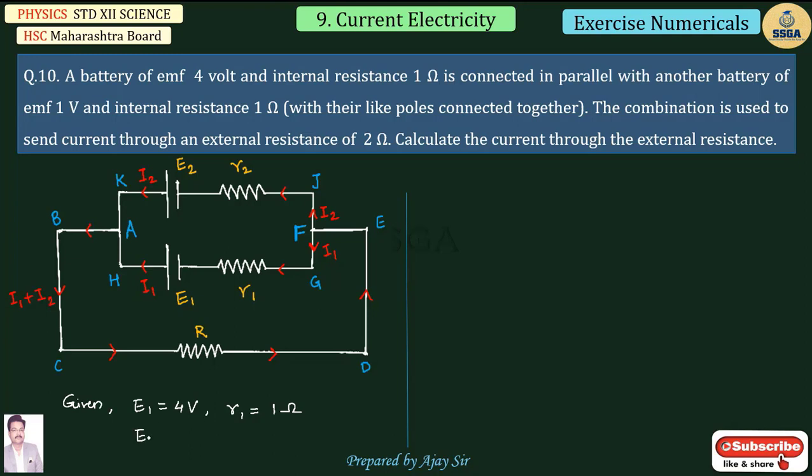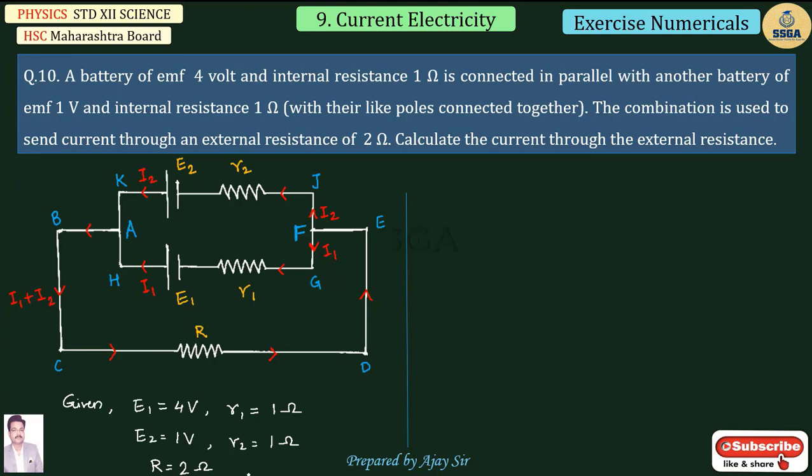Battery E2 of EMF 1 volt and R2 which is equal to 1 ohm. And external resistance R is equal to 2 ohm. So these are the given things.